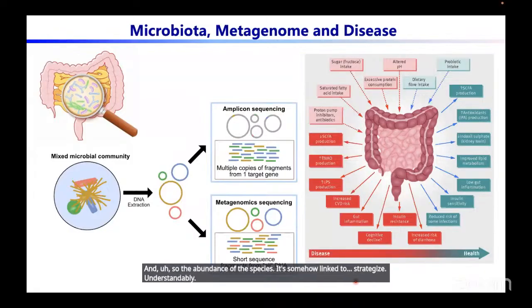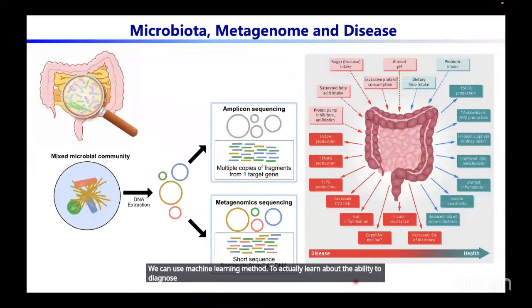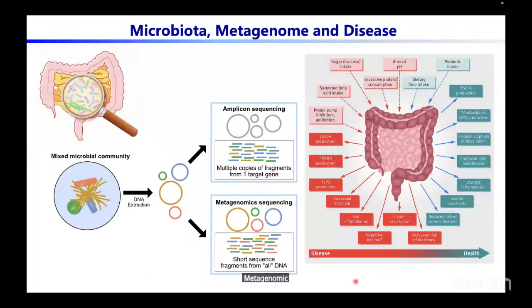Understandably, in a certain disease state, certain microbes have abnormal abundance. So this is the scientific principle why we can use a machine learning method to learn the ability to diagnose the disease based on the metagenomic data of the stools.